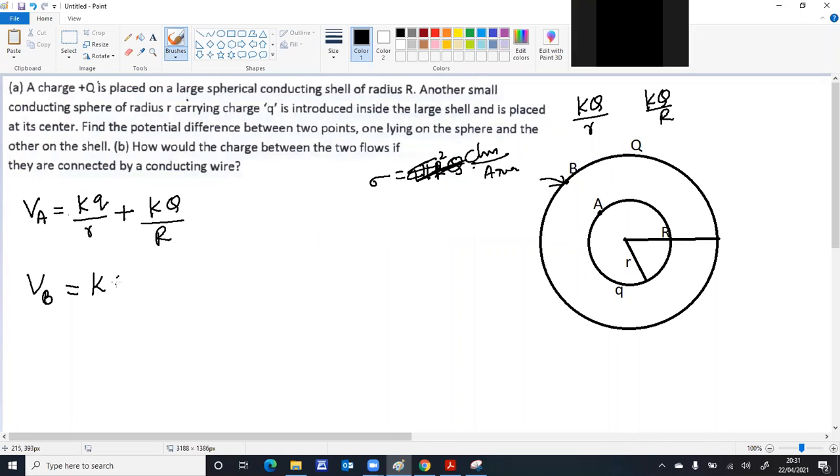Small a, so its charge, small q. And then R will be capital R, because you're finding the influence of this one, so the distance is capital R. Plus K capital Q by capital R. Can you all confirm this is fine?